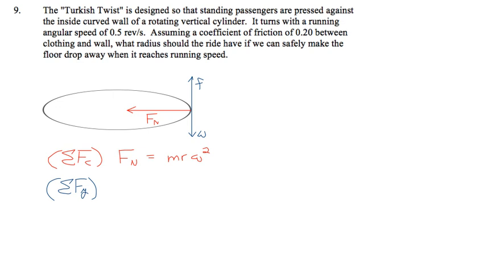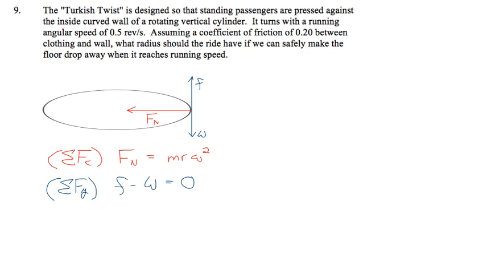So in the vertical direction, it's going to be friction minus W equals 0. Because again, we're looking for the minimum. Certainly, I could potentially have more friction than my weight, but I want exactly what I need so that the ride can be, at the running speed, I want these two to be equal.